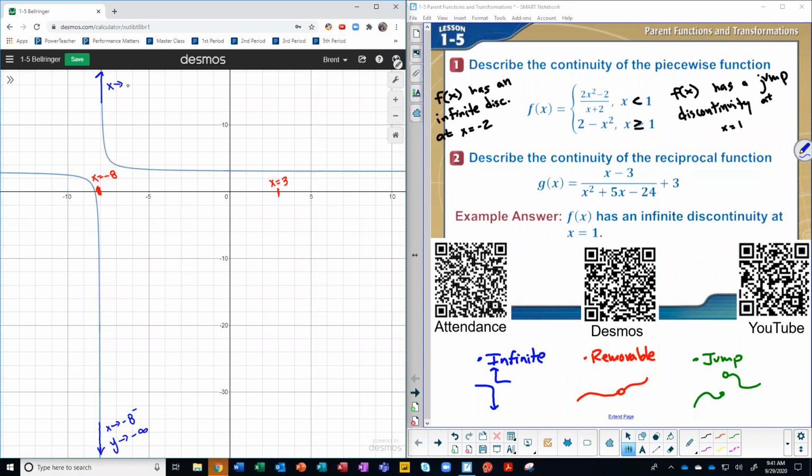What are the y's doing on this side? They're approaching positive infinity. Positive infinity, very good. Since they're approaching infinities, you would write g of x, this equation's named g of x, has an infinite discontinuity at x equals -8.